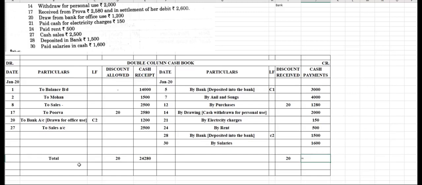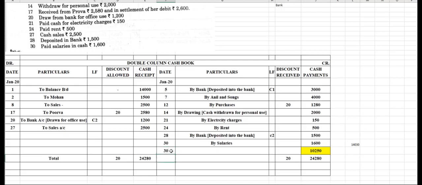Here we need to take 24,280 again. So let's see what is the total from here to here. I will write it: the sum from here to here is 14,030. Now 24,280 minus 14,030 is 10,250.